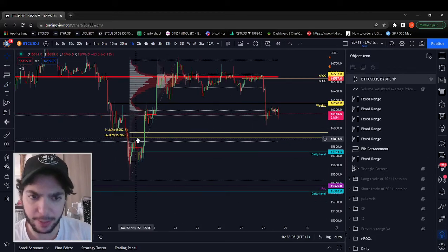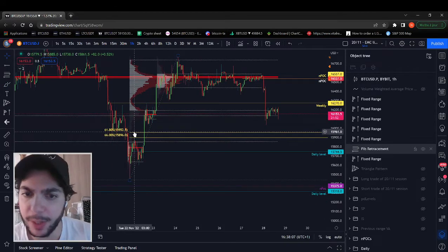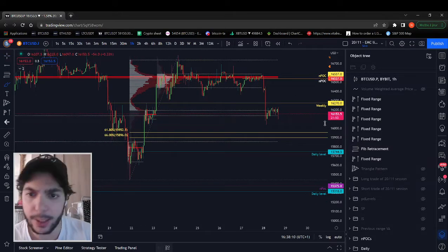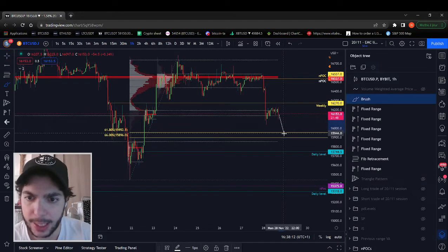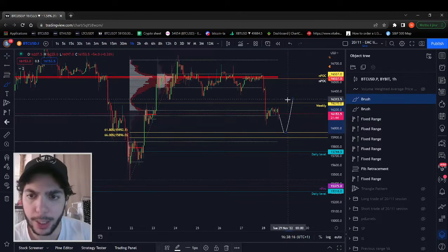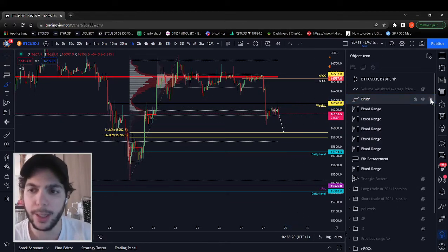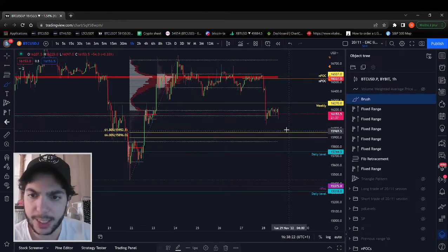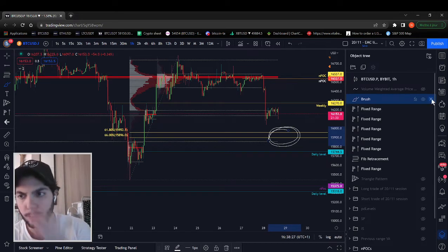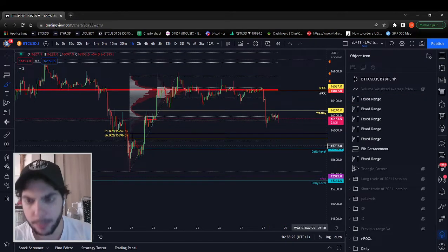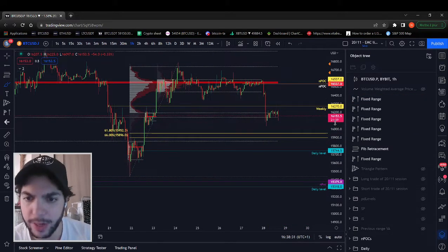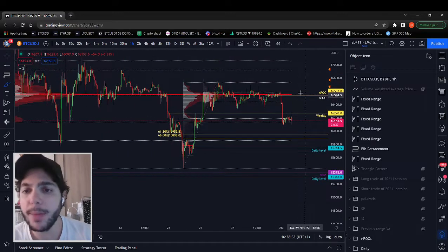You could see some kind of a support resistance flip in this area, where the price comes down here, hits this, doesn't even hit the value area low, and then goes back up. You could see something like this, and this would not be a surprising scenario. So let's keep this area in mind. Not the best trade in the world, to be honest, but it could provide a bounce, could provide a reaction, and then maybe test this area.